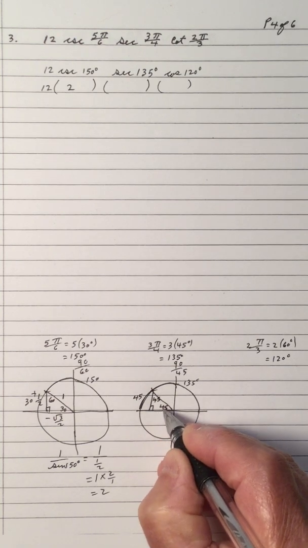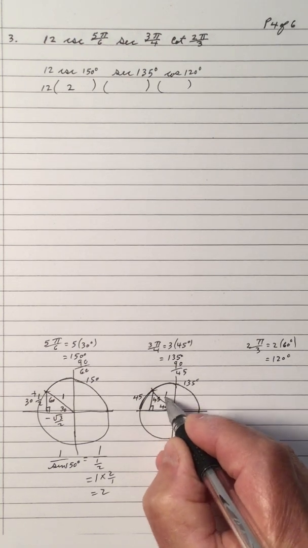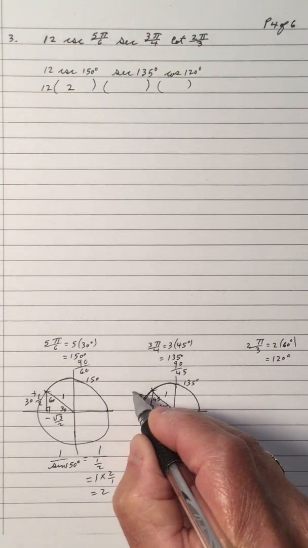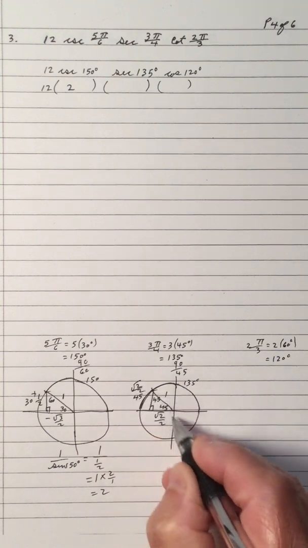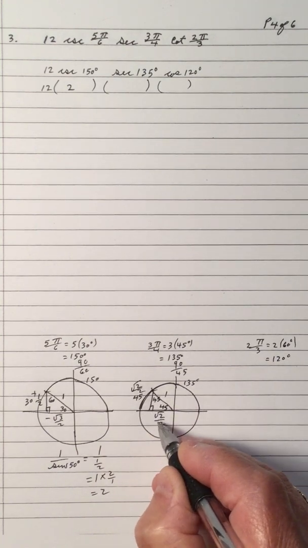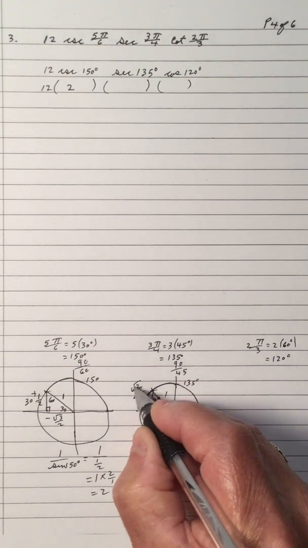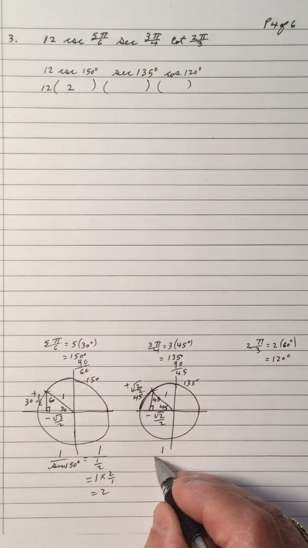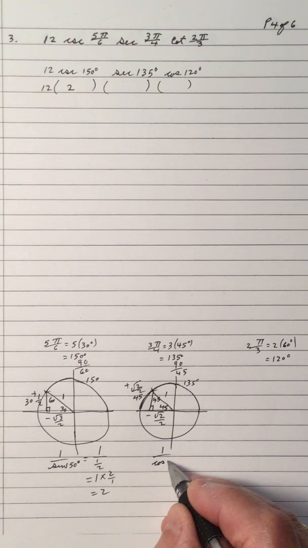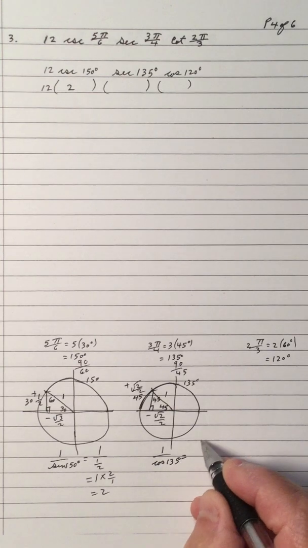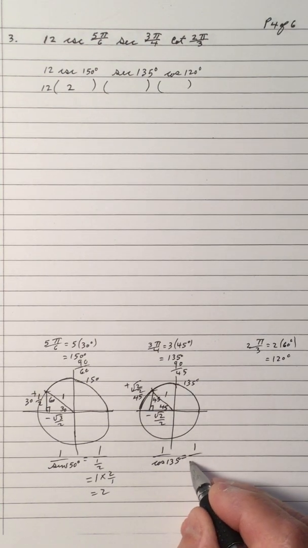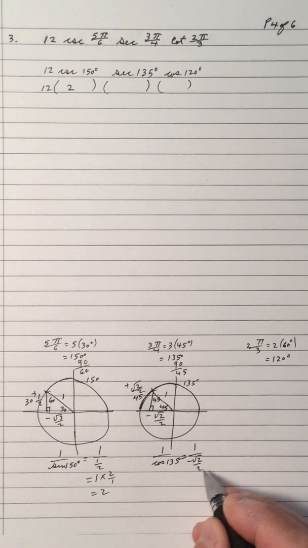This is a 45, 45, 90 triangle with hypotenuse 1. The two angles are the same, so the two sides are the same. So x is root 2 over 2, but it's negative. The y is root 2 over 2, but it's positive. And secant is the reciprocal of cos. So it's 1 over the cos of 135 degrees, and the cos is the x, which is negative root 2 over 2.